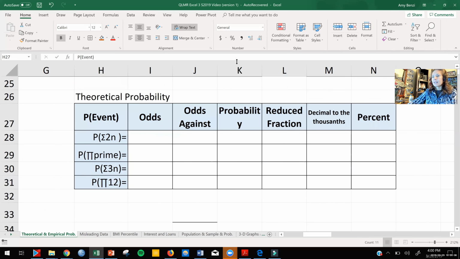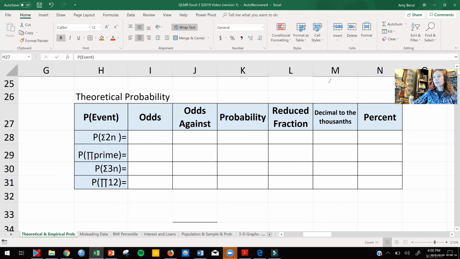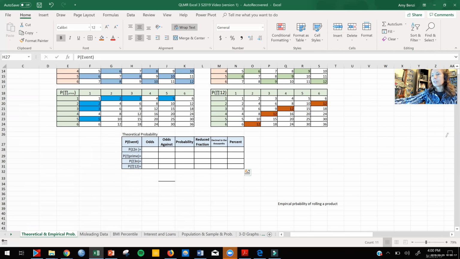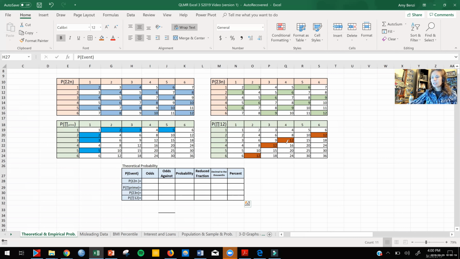All right, and then I am going to make this a little bit wider. All right, very nice. So you guys have gotten your page, your table all set up. So let's now go back and see about filling this in.